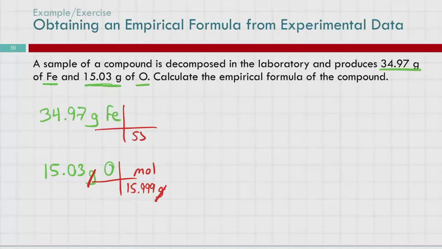Iron is 55.85 grams per mole. And this will give us the number of moles of iron and the moles of oxygen.